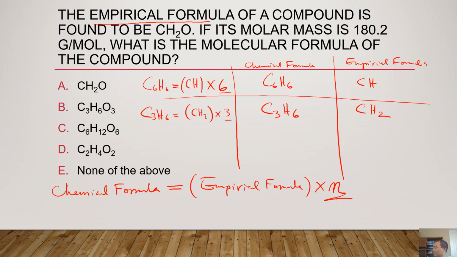So in this case, we know the empirical formula of the compound is found to be CH2O. Okay? Then we know the molar mass for the molecular formula. Hey, remember, molecular formula is the same as the chemical formula for molecules. It's just a different name for chemical formula.